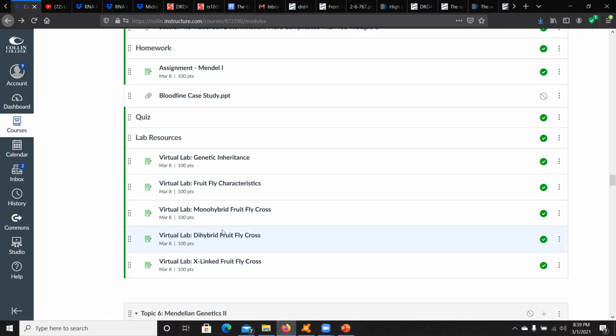Then you do a dihybrid cross. So if you did just wing length here, you might do wing length and body color. And then you have an X-linked fruit fly cross, which is probably red and white eyes, I believe. We actually have our flies in our lab that are a red and white cross. They are going to be sitting there. Hopefully they'll be at the F2 generation by the time we come in on the 15th.